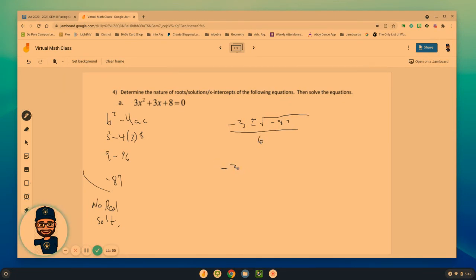So negative 3 plus or minus i times the square root of 87 all over 6 would represent our two answers. And again, we could write it twice, with plus all over 6 and then a second one with a minus if we want to, but this is perfectly acceptable.